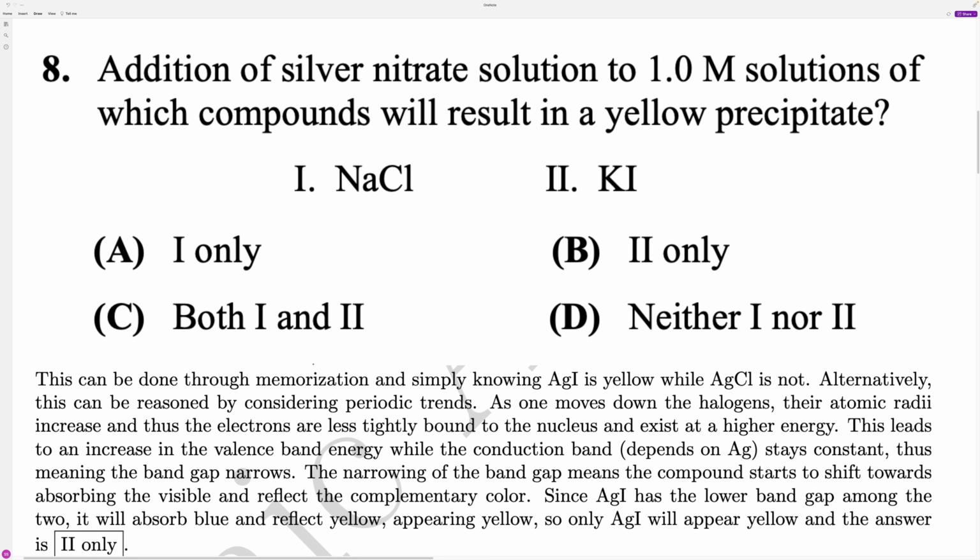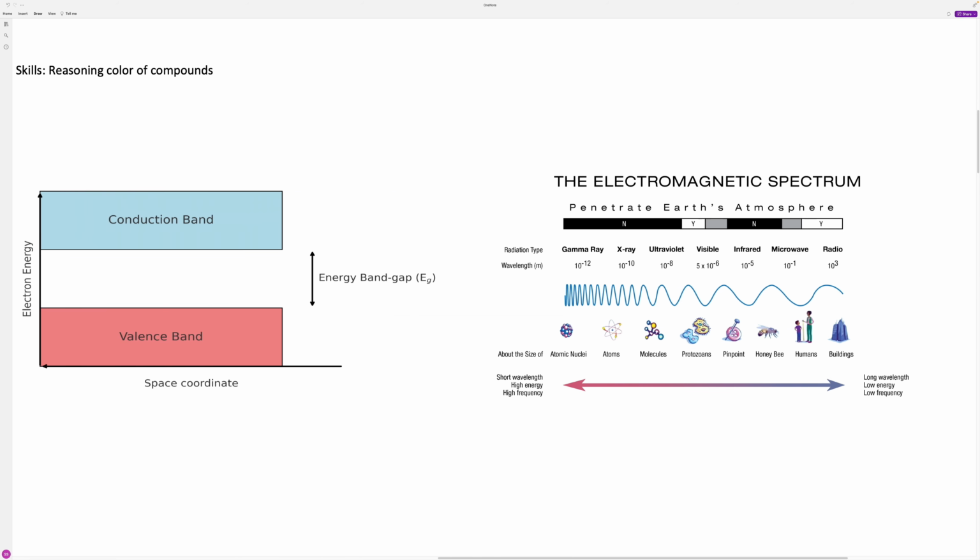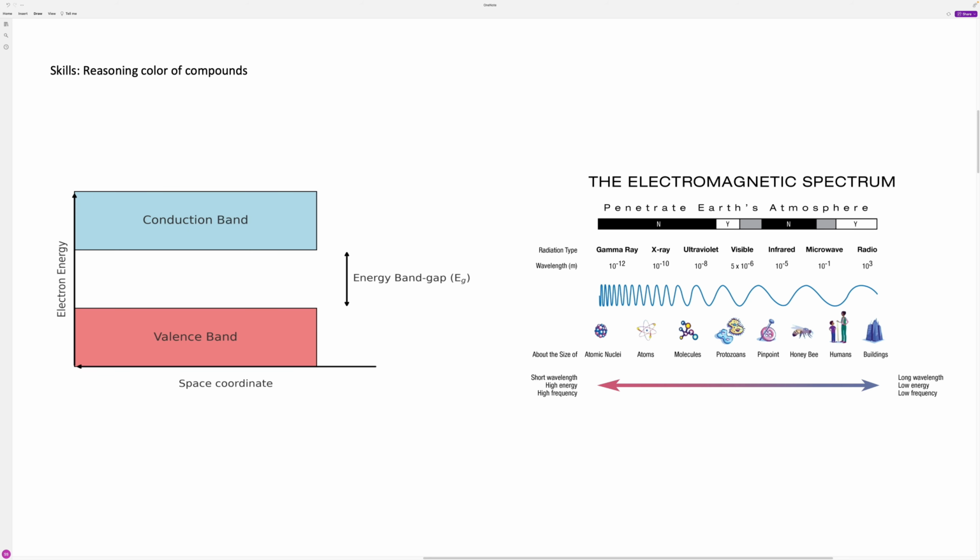So first I'm going to identify which compounds are formed when silver nitrate is added to 1 molar solutions of these compounds below. So NaCl is going to make silver chloride, potassium iodide is going to make silver iodide. Now from here we can reason out the color of these compounds through a concept known as the band gap.